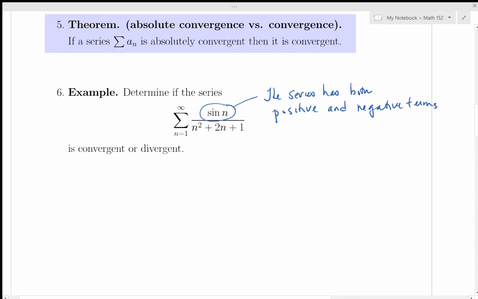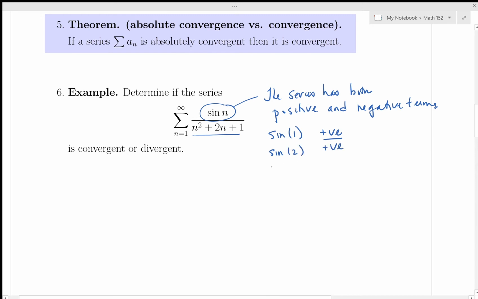Let's take a look at the first few terms. In terms of the sign, this denominator is always positive. So whether each term in the series is positive or negative is determined only by the sine. The sine of 1 is positive. The sine of 2 is also positive.